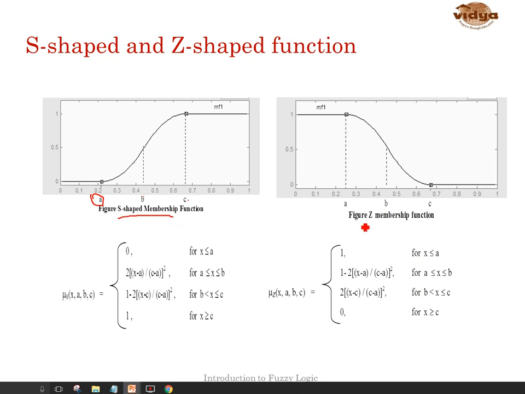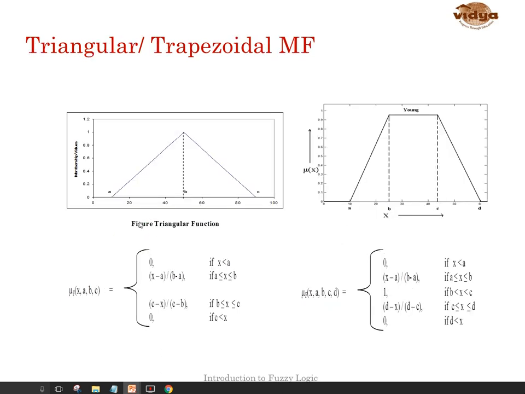Now coming to the Z membership function, it is the reverse of the S-shaped membership function. Then the triangular membership function follows a similar pattern.